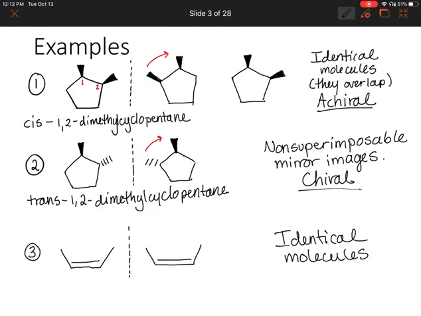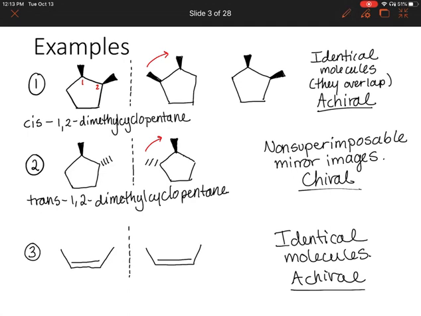Oh, I keep hitting the next button. So is this molecule chiral or achiral? Achiral. So these are not chiral. So we don't have a left hand and a right hand. We just have two left hands or two right hands, depending on how you want to think about it.